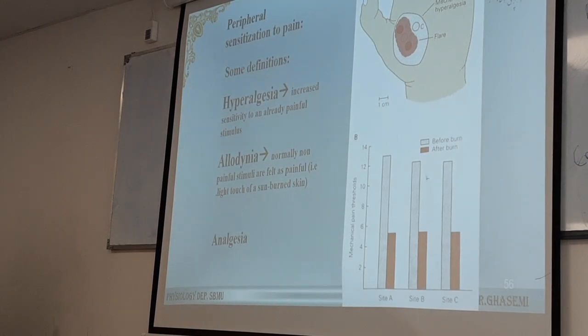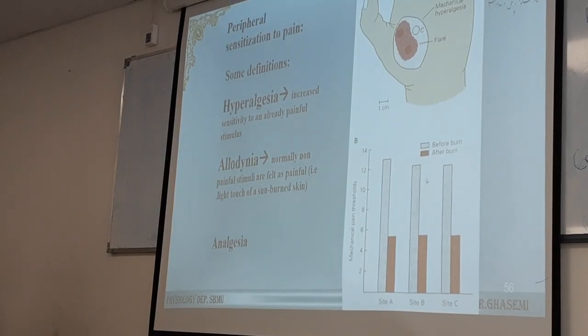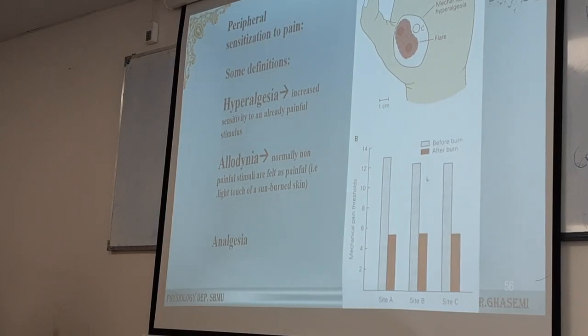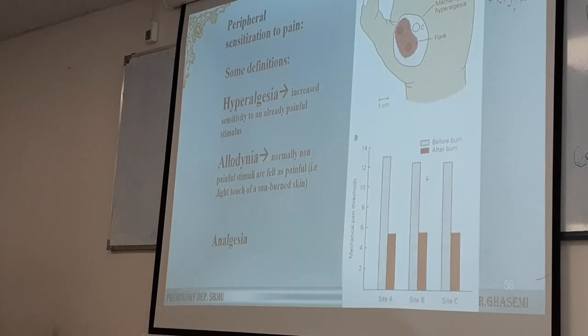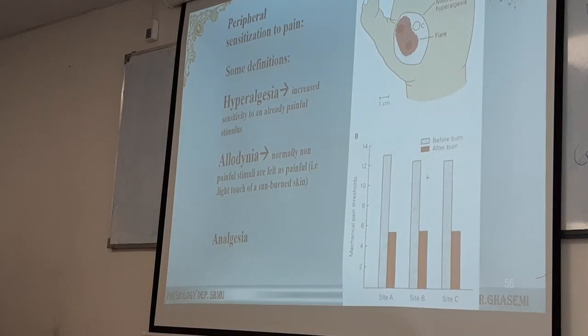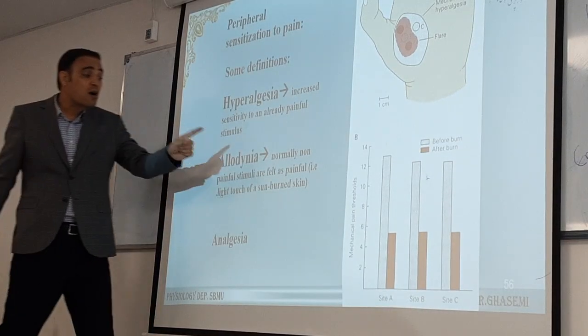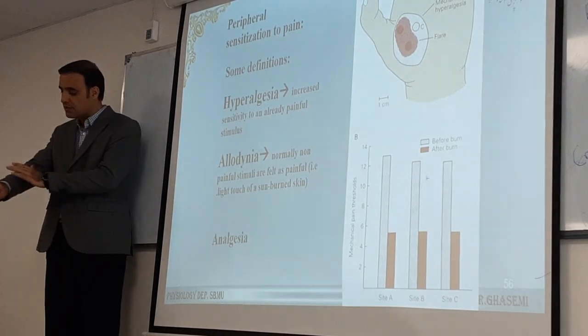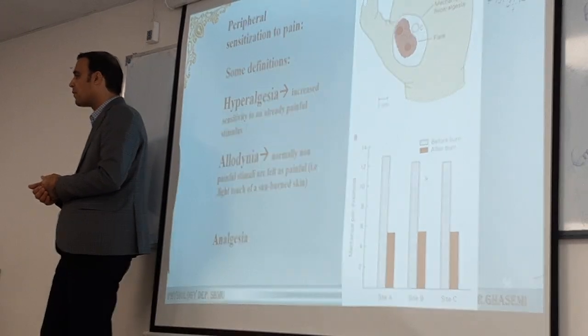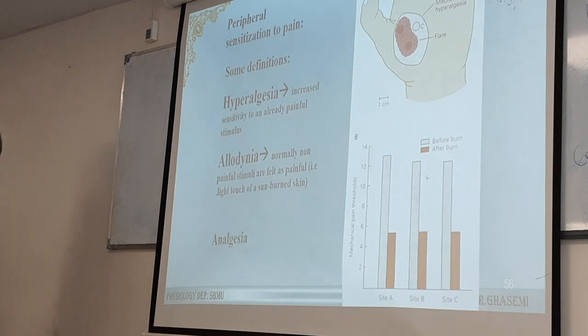For example, you have a sunburn on your skin, and then when you put on your clothes, you say that these clothes also generate pain. This is not painful. This is just my clothes. But at that time it will be painful. We say normally non-painful stimuli such as clothes will be painful. This is allodynia.